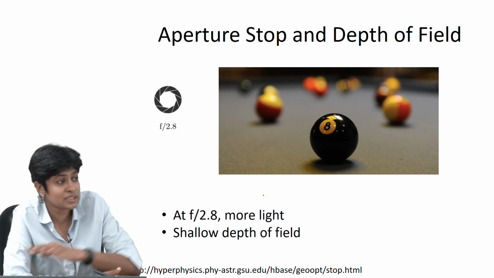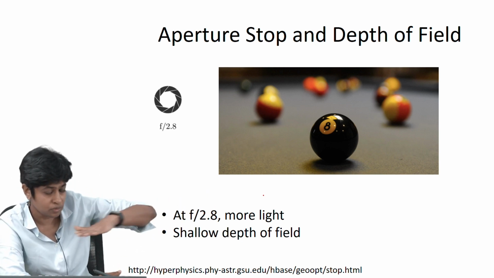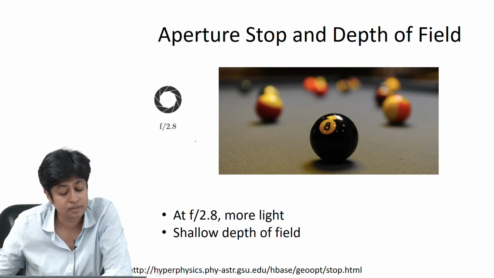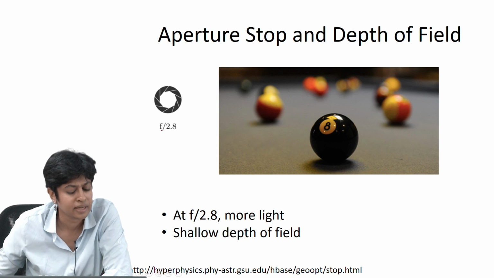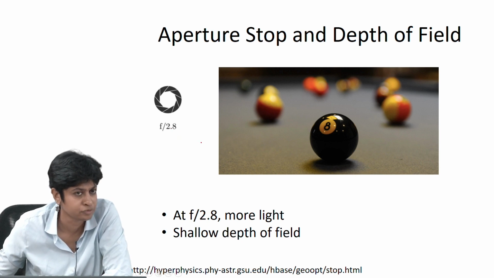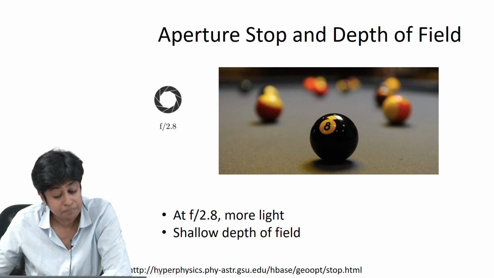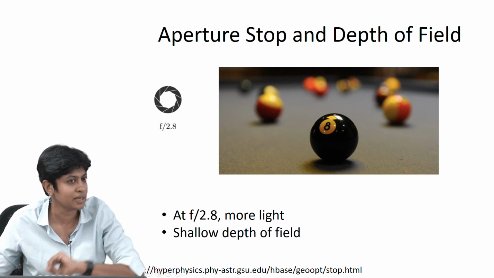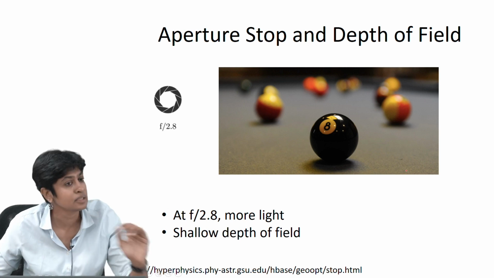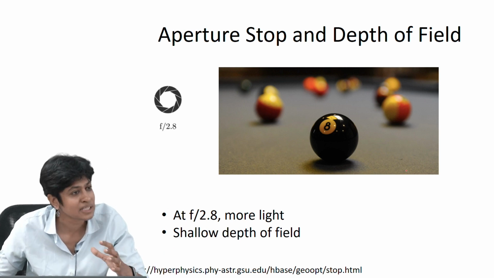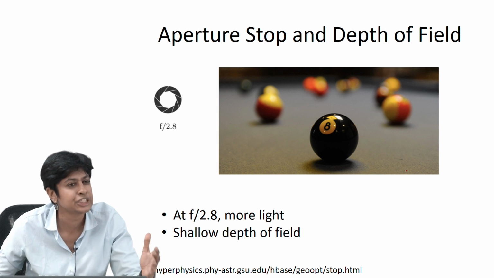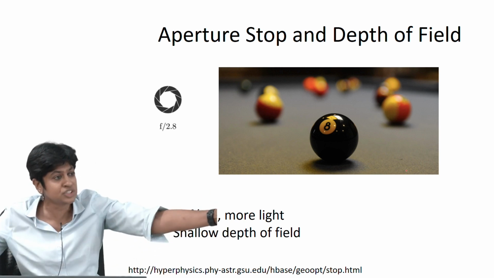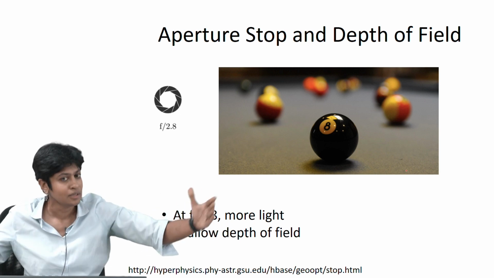Here's a photograph taken of a billiard table at a glancing angle, and you've been told it's been taken with an f number of 2.8. In the image, the billiard ball in the front is clearly sharply focused and the ones behind are blurred. So you could say this was taken with the camera set to have a very shallow depth of field. The entire object that I want to image is this entire billiards table.